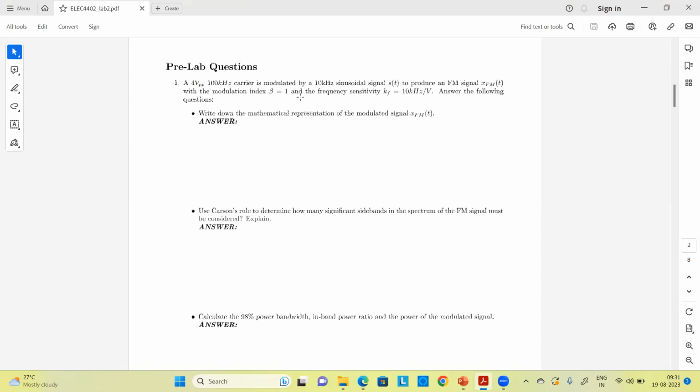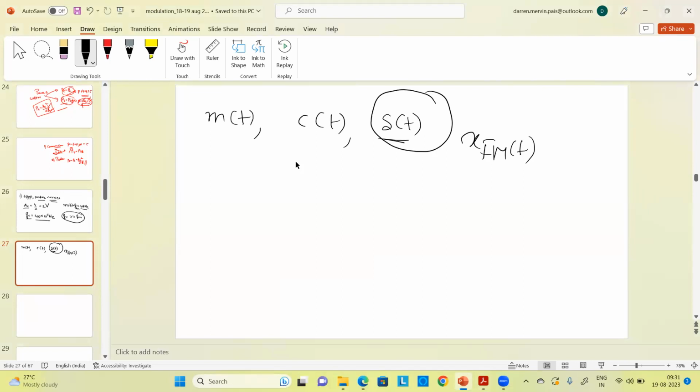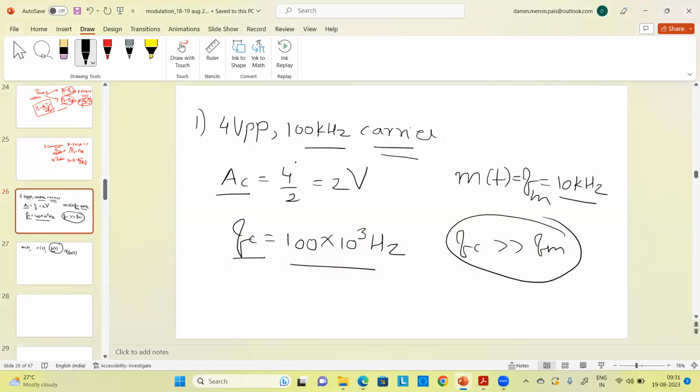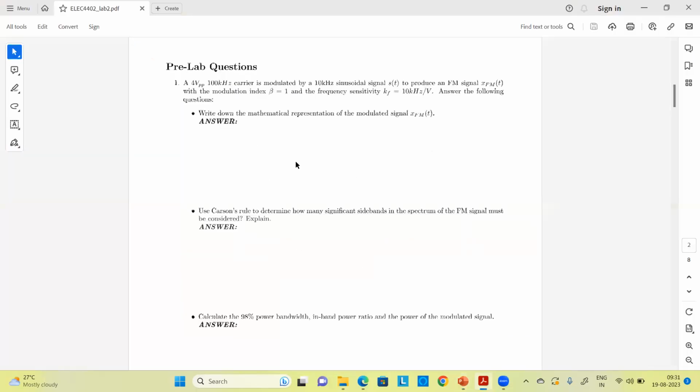With the modulation index beta equal to 1. So what they're saying is that the modulation index beta is equal to 1. Wideband, right? Beta equal to 1 is wideband, correct. Now imagine, Jerry, they would not have given you the notation beta.